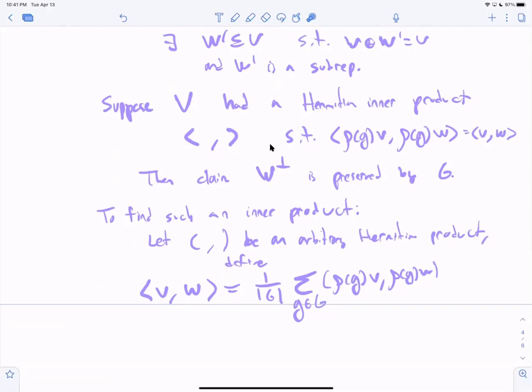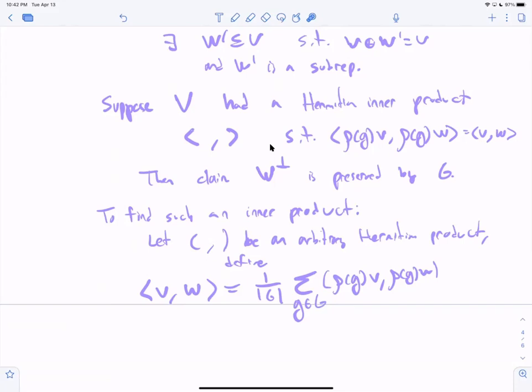And again, it's simple to check that this is now preserved by G, and it's simple to check that it's still a Hermitian inner product.